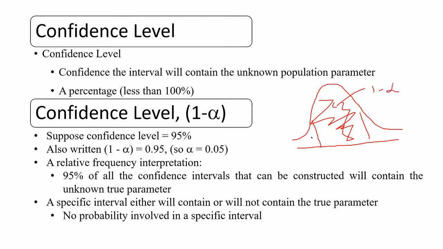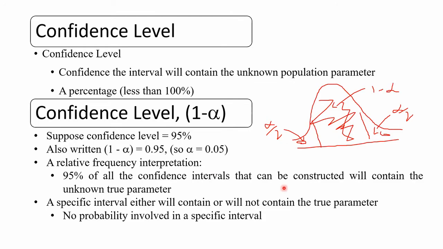And the remaining area, which is this lower tail and this upper tail, the addition of that would be 0.05. So therefore, you have to understand individually these two areas would represent alpha divided by 2, and this is also alpha divided by 2. Right? So that is what's being said here.